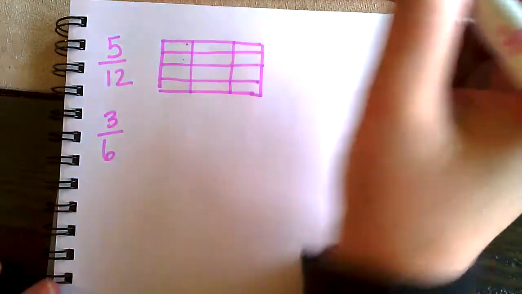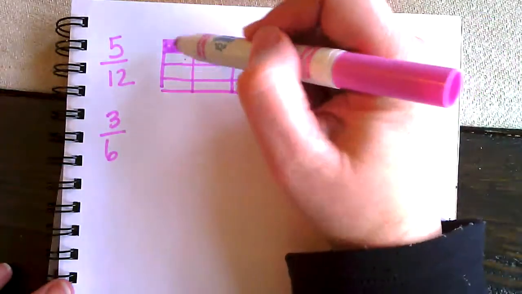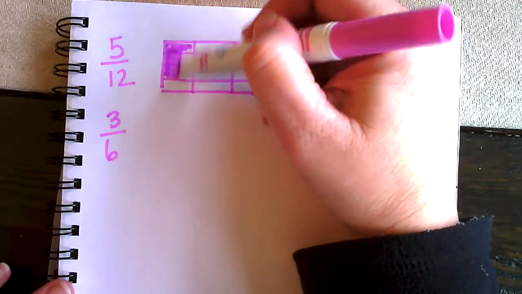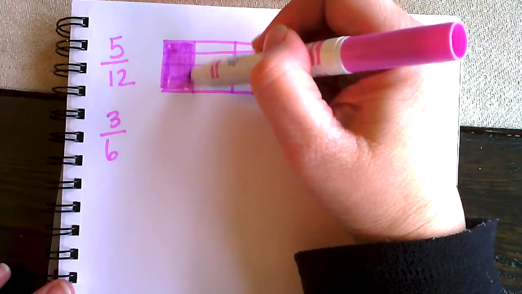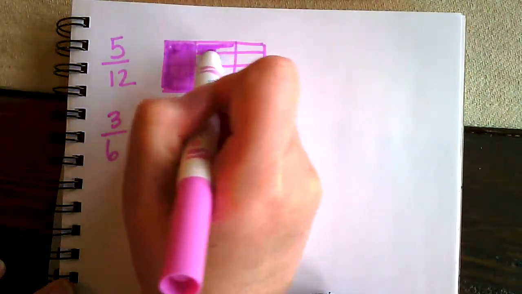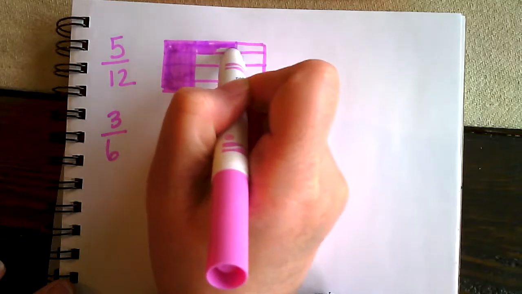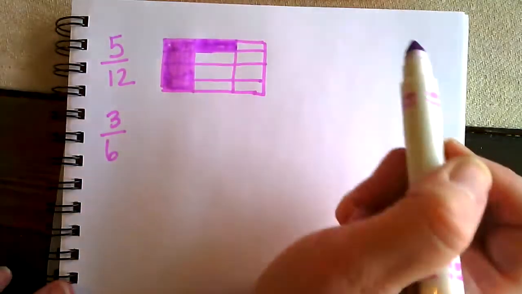Let's shade 5 of them. That's 4. And there's my 5th piece. Okay, that's what 5/12 looks like.